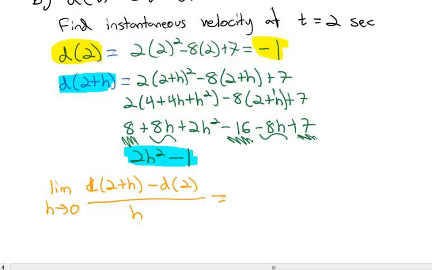Plugging in what we know, d of 2 plus h is 2h squared minus 1. Then we subtract d of 2, subtract a -1, all over h, and we still have the limit out front. Don't lose that limit. That makes a big difference.